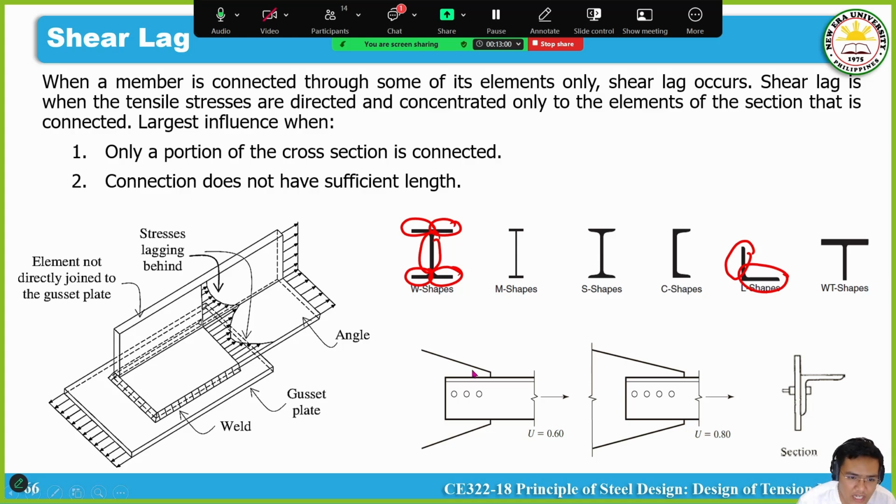So nangyayari daw yung shear lag usually kapag yung connection mo, only one element is connected. And usually ang pinakamaganda example nito is itong nasa figure as shown. We have an angle wherein yung angle mo is connected to the one leg only.